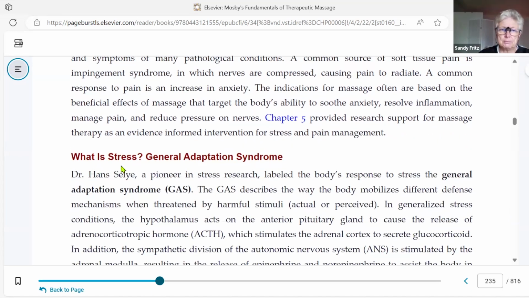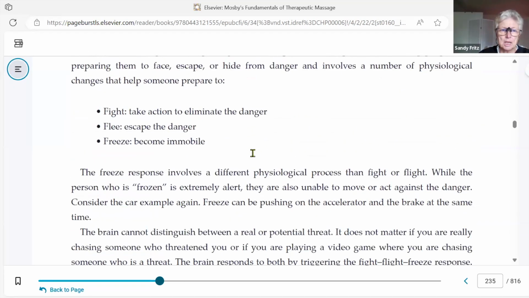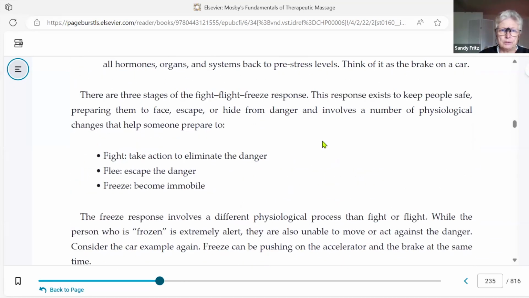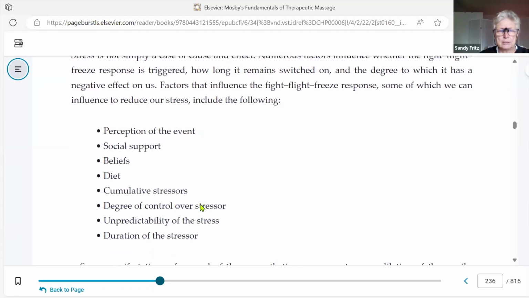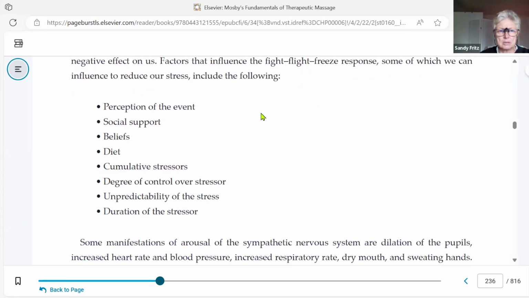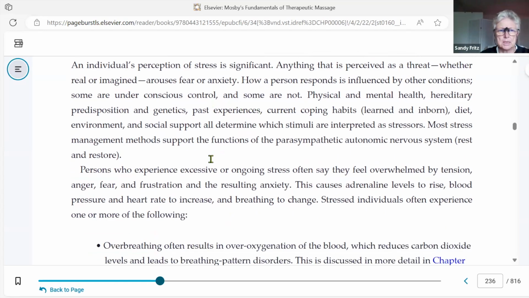So we really do have to understand stress. And the three stages of stress: fight, flee, freeze. We are just now recognizing more and more this freeze response, and how it can manifest in the difference between our actual perception of the stress and the reality of the external environment.